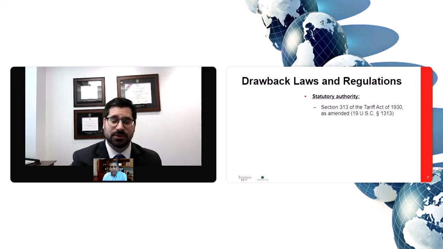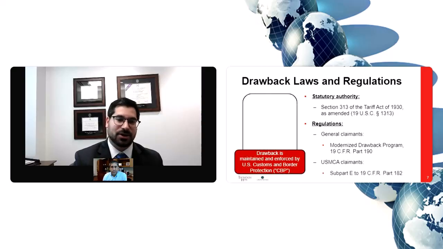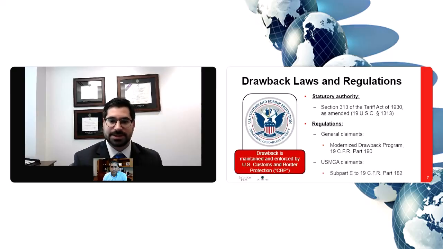So that's the main statute. In terms of regulations, there are two different types. There's one that applies to general claimants, in Part 190 of the Code of Federal Regulations in Title 19, the modernized drawback program. And then there's another regulatory framework for USMCA claimants. I put that on the screen for you, but quite candidly, it's not something we will be discussing in today's presentation, because it doesn't have as much general applicability.